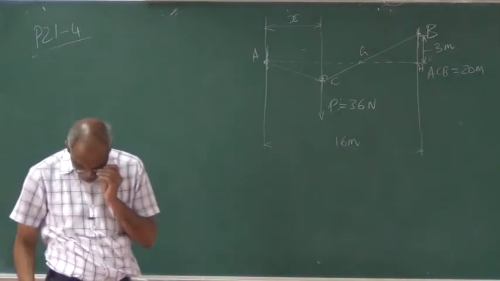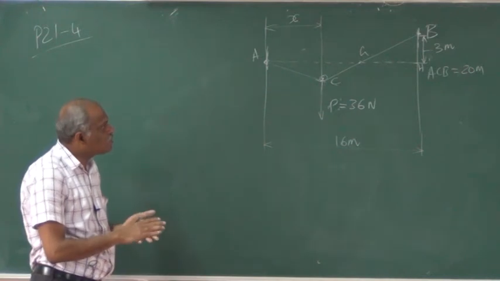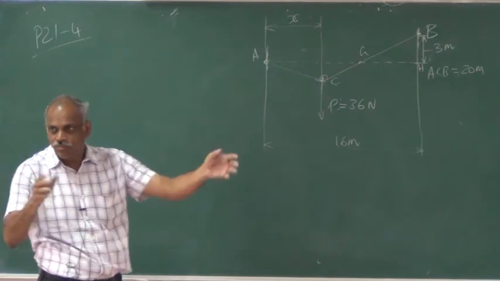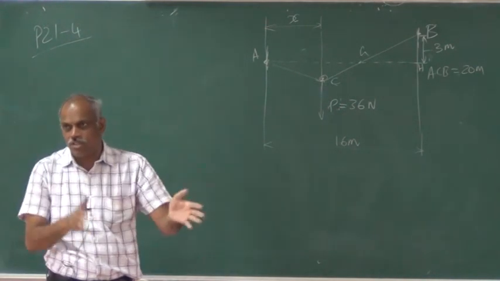So that's it. So how to solve this problem? You have to find out the distance x. As I showed you, it will not be in the middle, but somewhere else. So you have to find out the distance x.